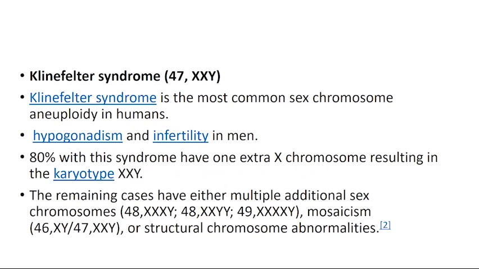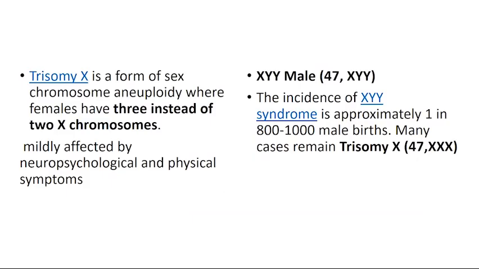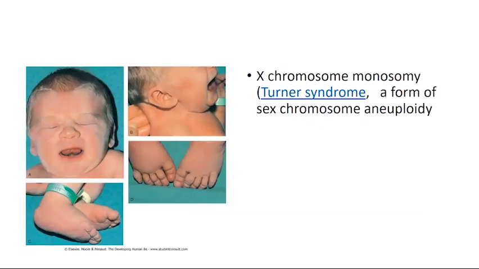Klinefelter's is the commonest, XXY trisomy. These are the features of Klinefelter's. Trisomy X is a form of sex chromosome aneuploidy where females have 3 instead of 2 X chromosomes. Excess incidence of XYY syndromes. 2 Y chromosomes can be there. Monosomy is the Turner syndrome.